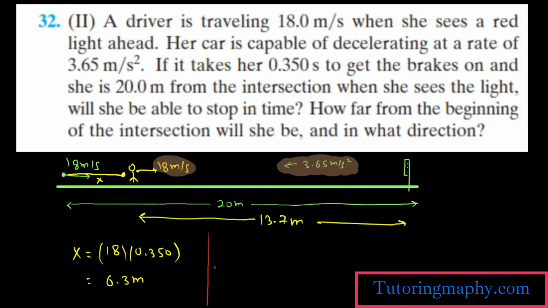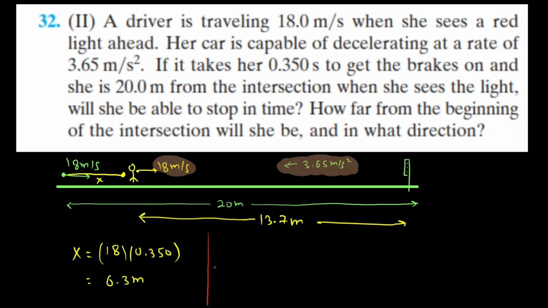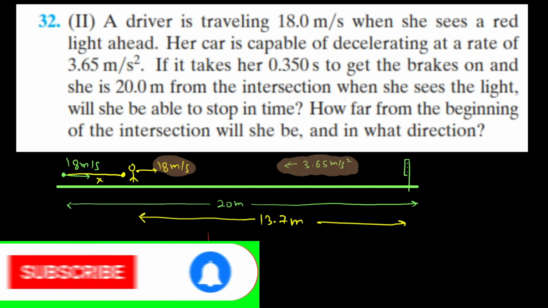Do we have to find the time? No. The question is, will she be able to stop in time? It sounds like we have to find the time, but actually we have to find whether she will stop within 13.7 meters or not.